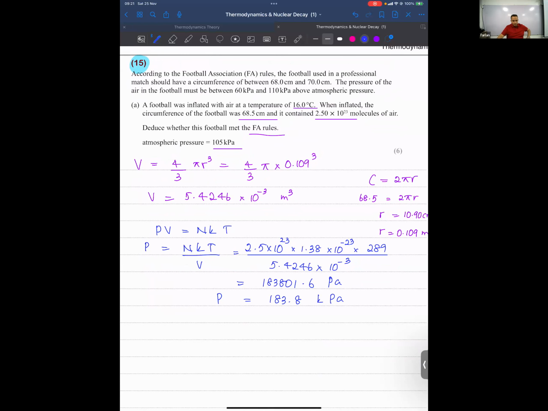So what are they saying? The rule is the pressure of the football must be between 60 and 110 kilopascals above the atmospheric pressure.